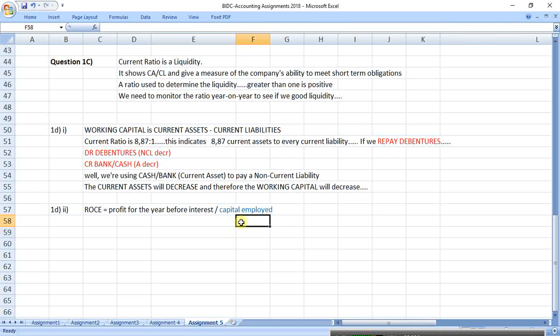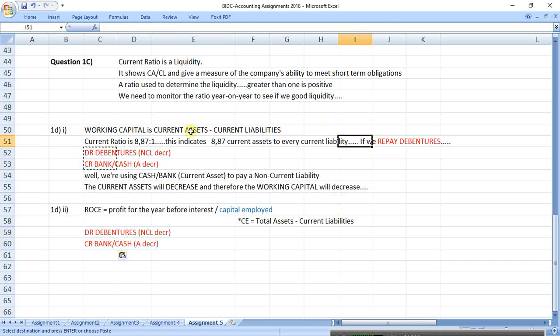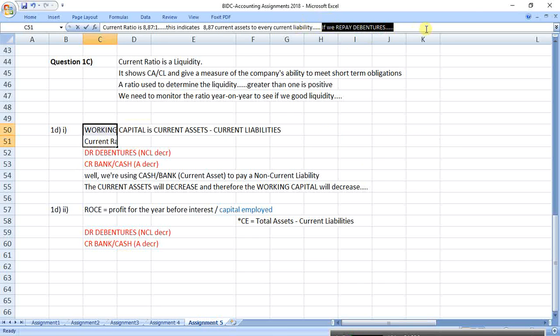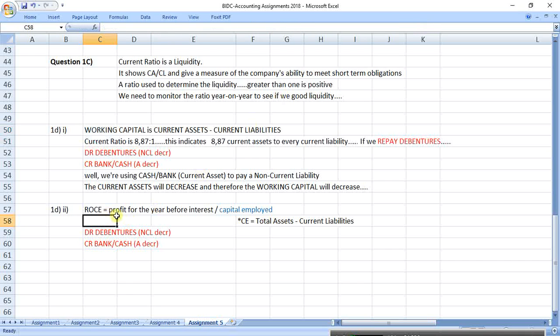Okay, just be careful with this because capital employed has a formula, so it's highlighted. Okay, what is capital employed? CE equals total assets minus current liabilities. Okay, so they're asking us about the effects. So the same thing applies again. We can write this down. If we pay debentures, okay, what are we going to do?